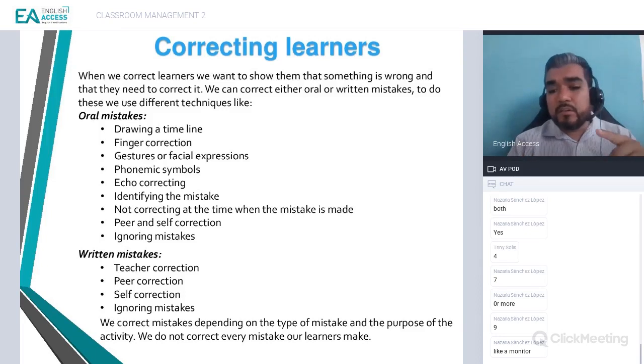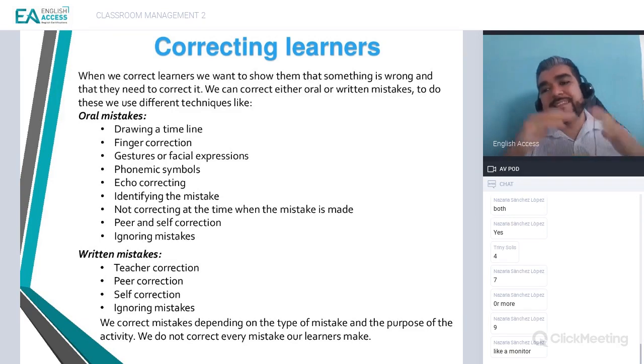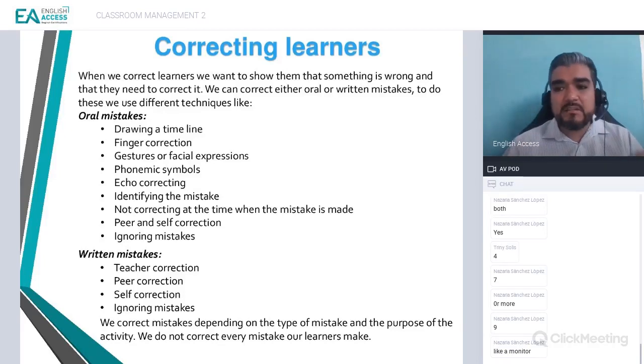So that's peer correction. With self-correction, the most beautiful tool that we have right now is technology. For self-correction, I think there's nothing better than WhatsApp notes. That's what I use.